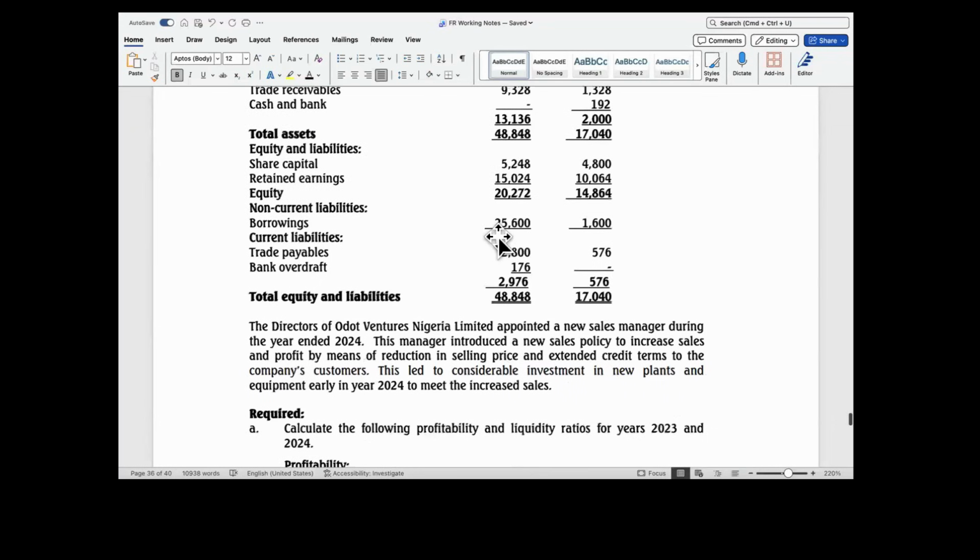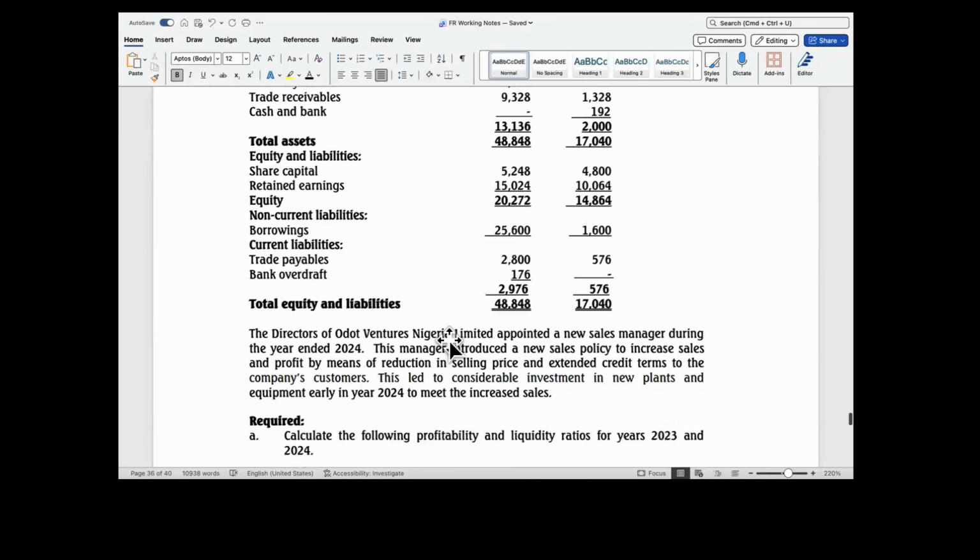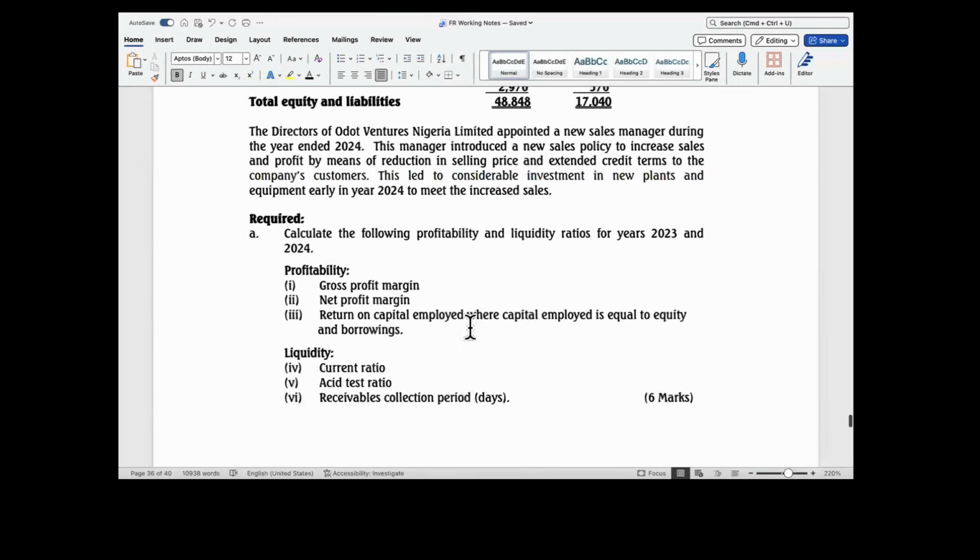If you look at the additional information, they got a new sales manager, and this manager introduced a new sales policy to increase sales and profits by means of reducing selling price and extended credit terms to customers, meaning he was giving people more periods to settle their receivables. So let's see if it worked, right?